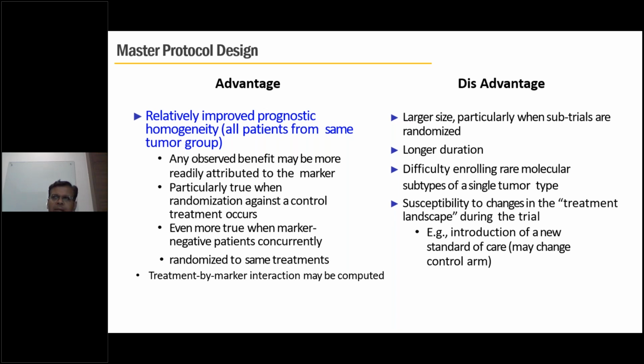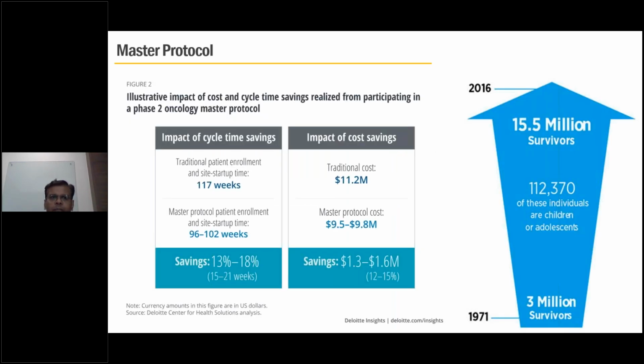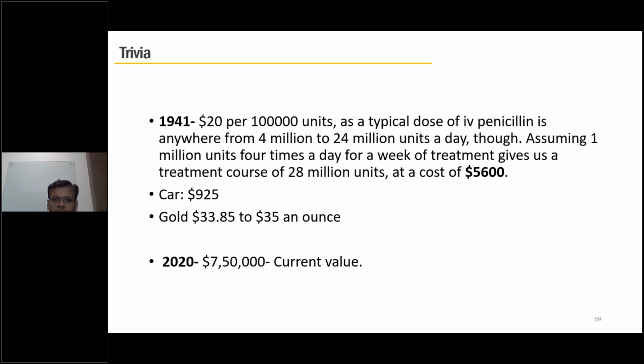The disadvantage is that it's usually of longer duration. Total screening activity takes a lot of time, but they have been effective, and we have more than 15.5 million survivors with these protocols in place, and there's a huge saving in terms of time as well as money. So these types of things are the new thing and in progress.